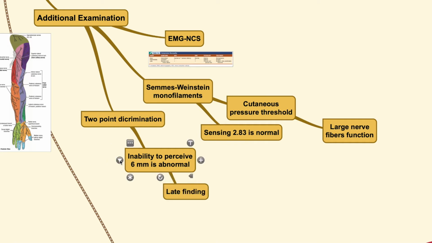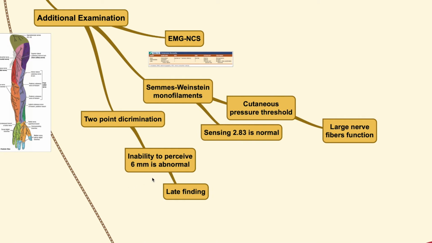The next examination would be a 2-point discrimination. It's called 2-point discrimination because 2 sharp points are given onto the skin surface, and you need to measure the distance between these 2 points on the skin. When you have the ability to sense that the points come from 2 different sharp objects, then that is considered positive.